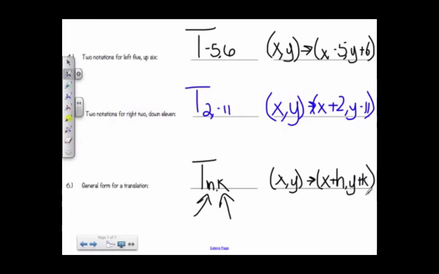That's the general form. So in this example right here, the h was 2 and the k was negative 11. And that should make sense to you because the 2 was the horizontal change, so that's what h is. And the negative 11 was the vertical change, and that's what k is.